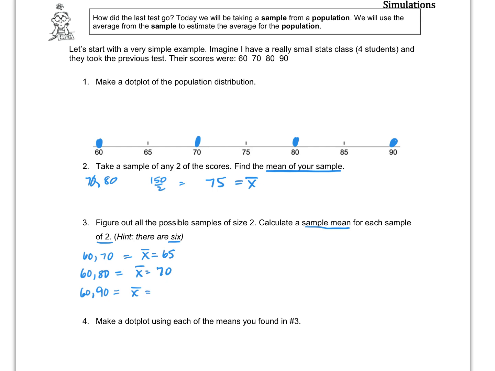Divide by 2, you get 75. Next one would be the 70, 80 we just did, right? And we found that that has an X bar of 75. Then I would go 70, 90. What's the X bar of those 2? 80.